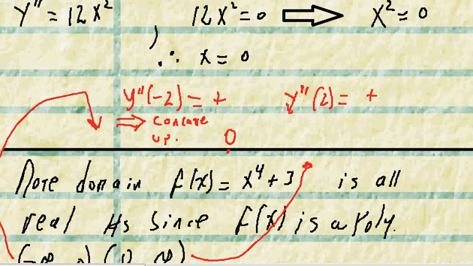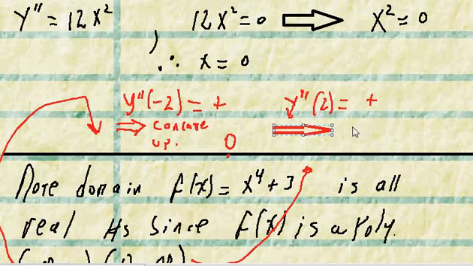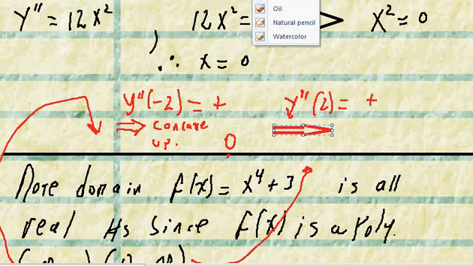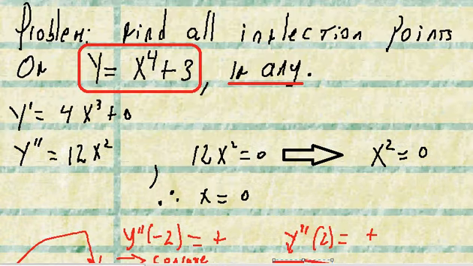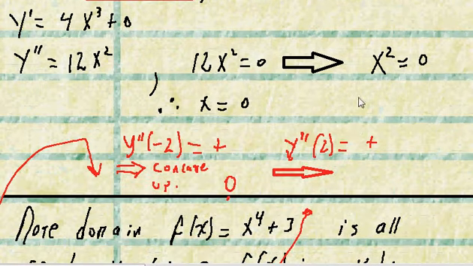So this implies that in this whole interval, the function y equals x to the 4 plus 3 is concave up.